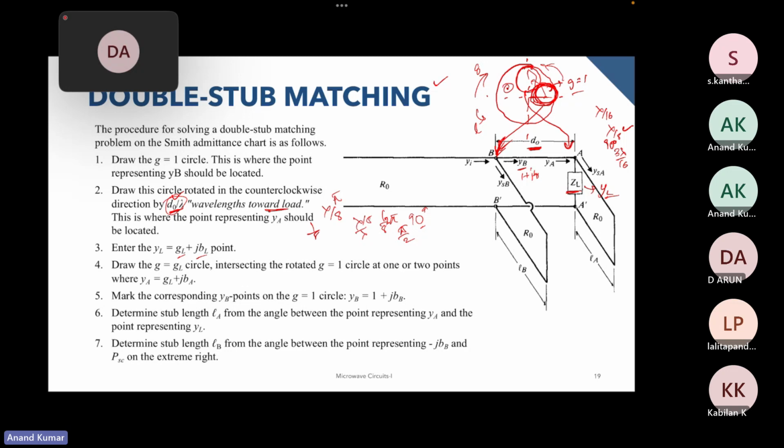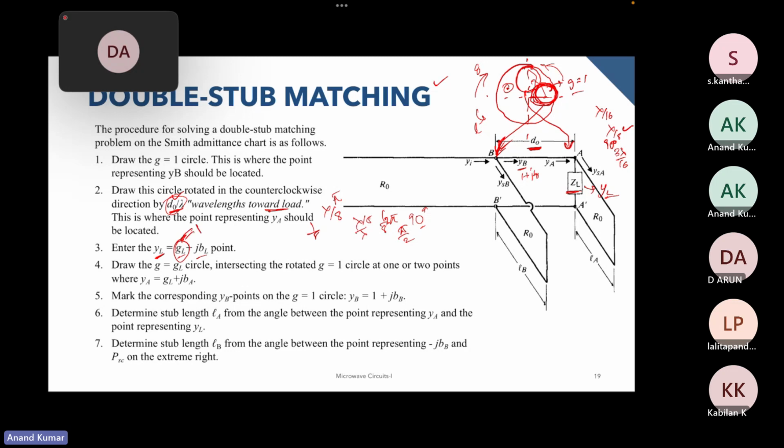Enter this Smith chart at YL, and once we have entered this Smith chart, this YL has some real part, right? So the goal is to make this real part equal to 1.